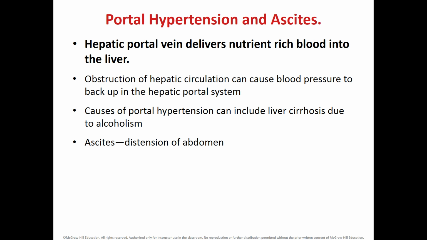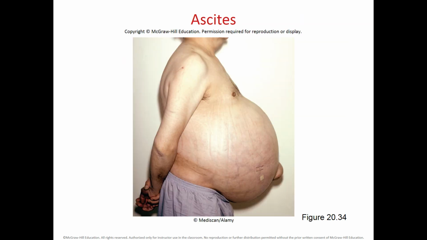And a cause for this hepatic portal hypertension is having liver cirrhosis or thickening of the tissue of the liver due to alcoholism. And this will cause the accumulation of fluid within the abdomen, which is called ascites. And as you can see here, this is a huge amount of accumulation of fluid or ascites.